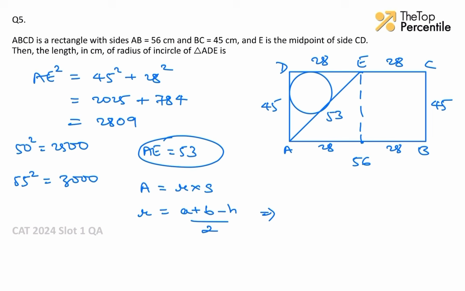This will give me 45 plus 28 minus 53 by 2. This will be 73 minus 53, that is 20 by 2, 10. This should be my answer. So the inradius of the incircle will be 10.